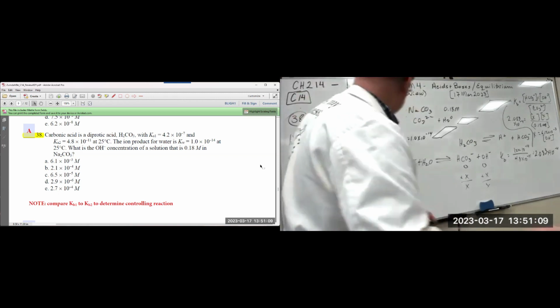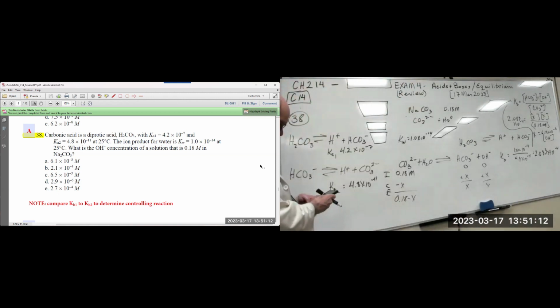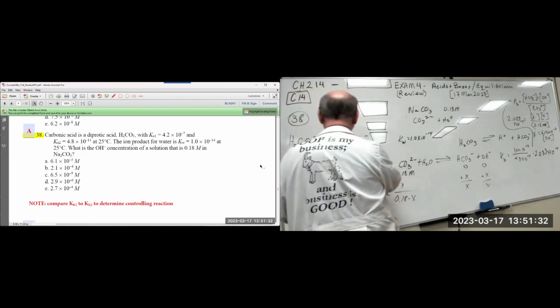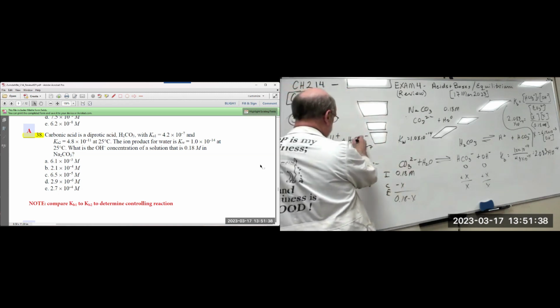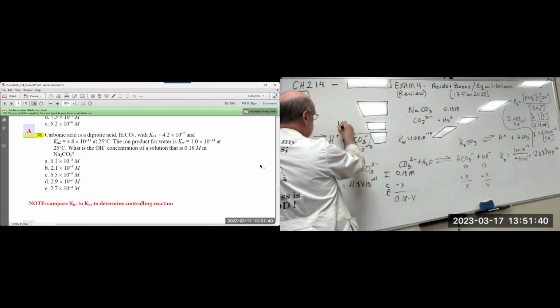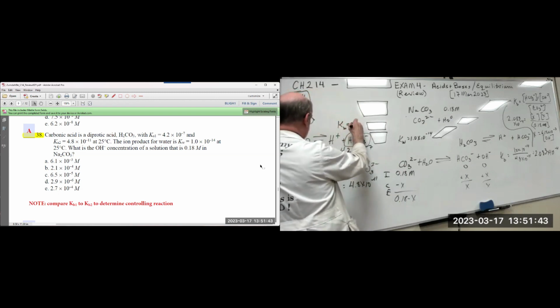We'll do a quick calculation. 1 exponent 14 divided by 4.2 exponent minus 7. There we go. This will be 2.38 times 10 to the minus 8 for the Kb.